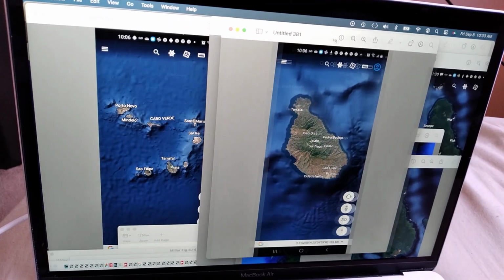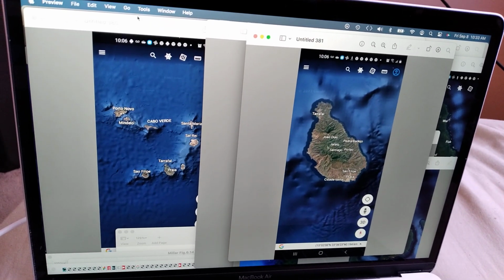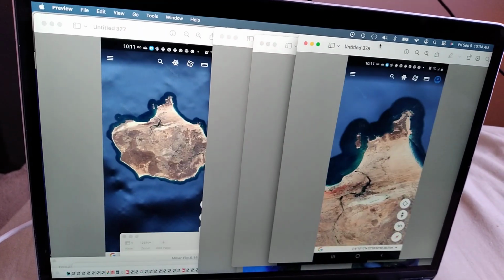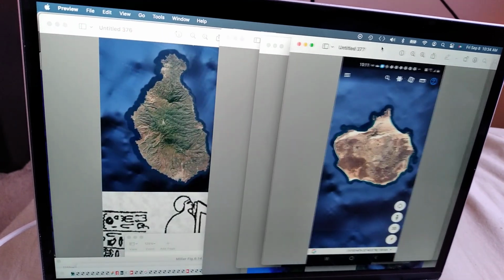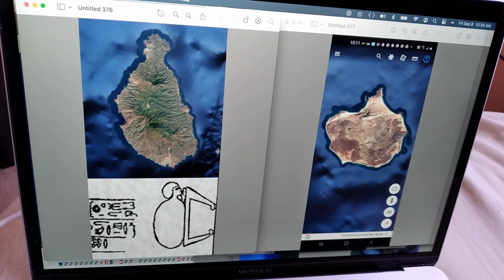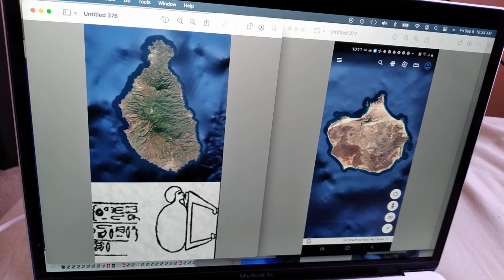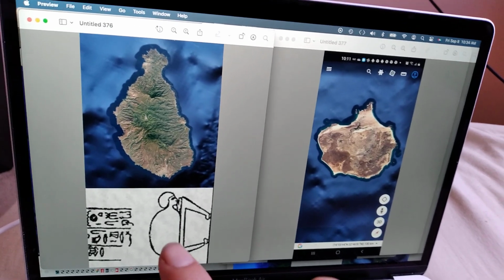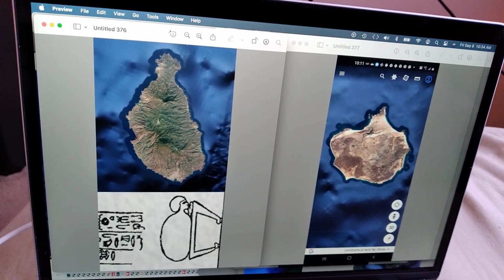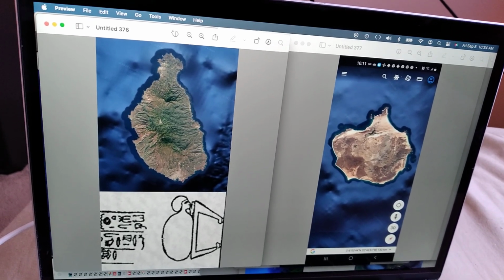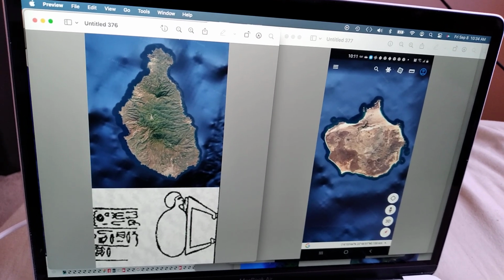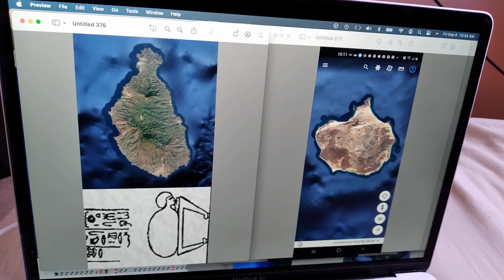Then this one fits, where did it go? For this one pretty well. Honestly, as soon as I saw this, I thought of this island, because I've been looking at all the islands on the planet, at least all the sizable ones, and trying to match them to different avatars.